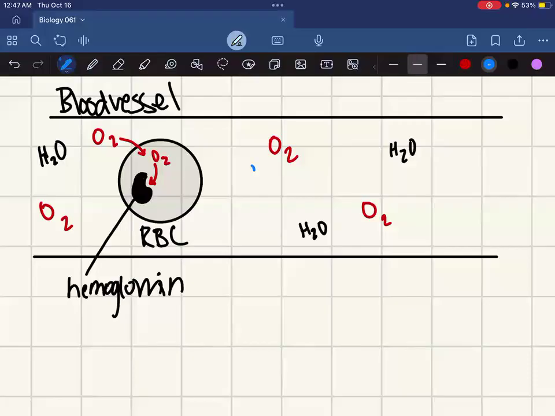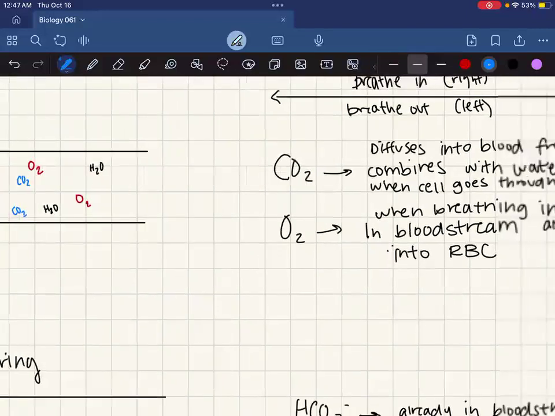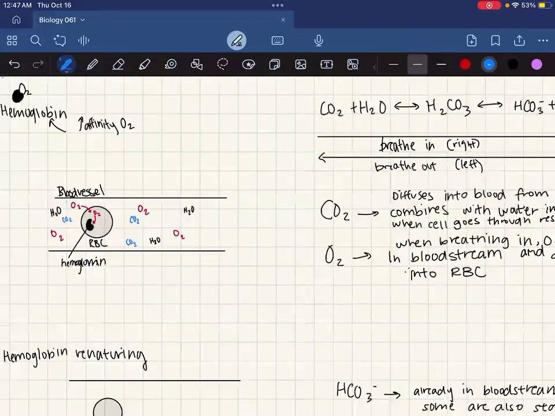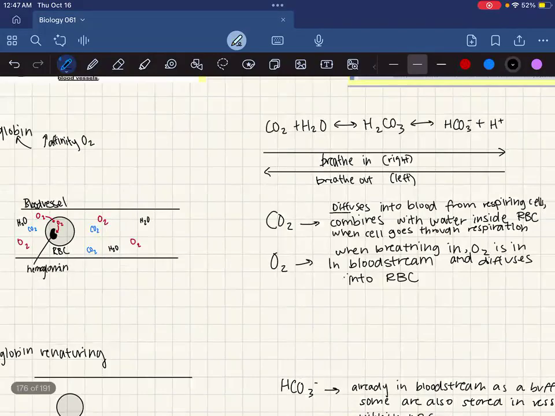We also have carbon dioxide that is being produced by cells going through respiration. In this case, we are breathing in. Over here, I've written that carbon dioxide diffuses into the blood from respiring cells, which then combines with water inside the red blood cell.